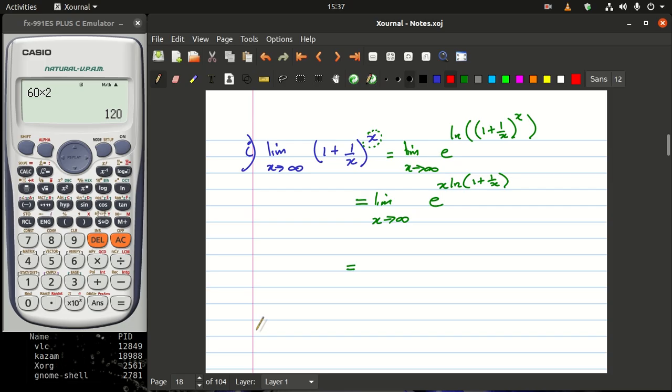So if I'm dealing with the exponent, I will get infinity times ln of 1 plus 1 over infinity, and of course 1 over infinity is just going to be 0, so this is infinity times the natural log of 1. And you know that the natural log function at 1 is supposed to be 0.